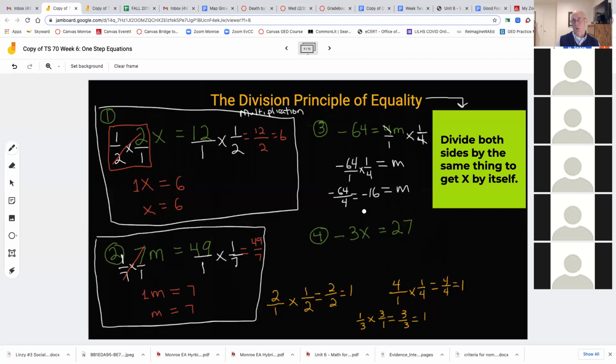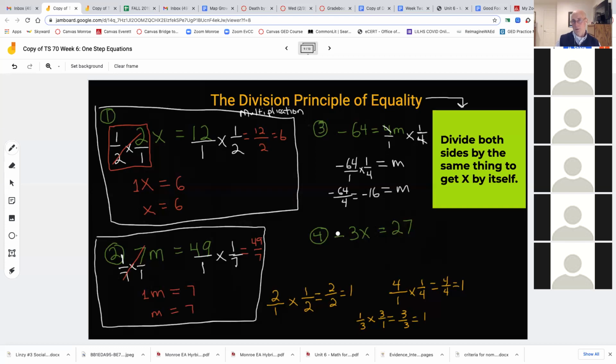Okay. Let's do number 4 together. I've got negative 3x equals 27. I'm going to show you a little trick here, by the way. I want to get x by itself.